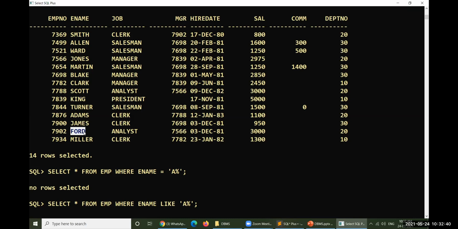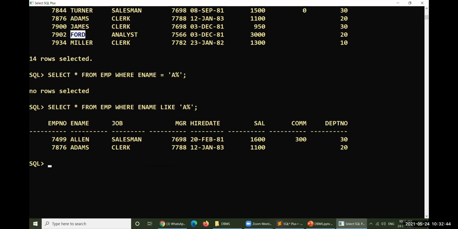If I look into the list, I could understand very easily. So to display the details of all employees whose names have exactly 4 characters, first character anything, second anything, third anything, fourth also anything. If I separate them, then you could understand whether it is 4 or not. Yes, it is 4.